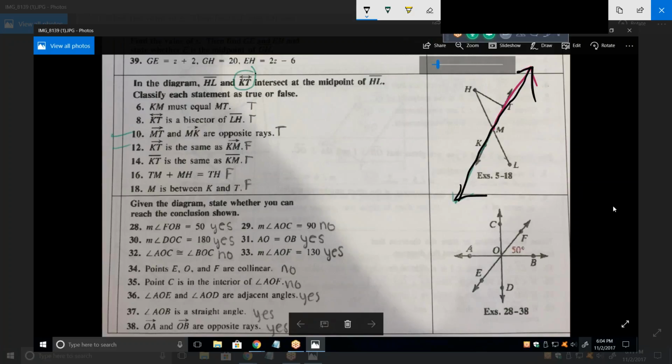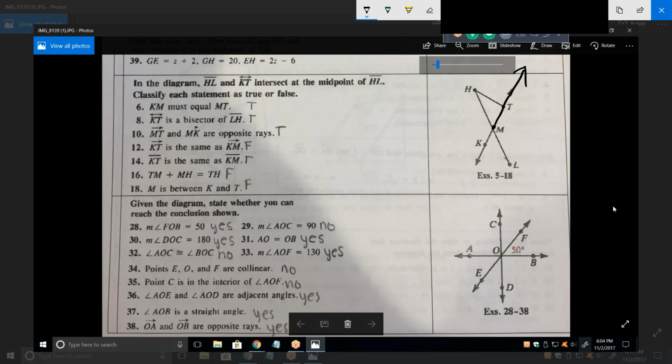That is the double ray KT. So if they're using a single ray, MT, it can only be a ray that starts at M. In other words, that ray has to start there. It doesn't go down and to the left forever. It just goes up and forever.